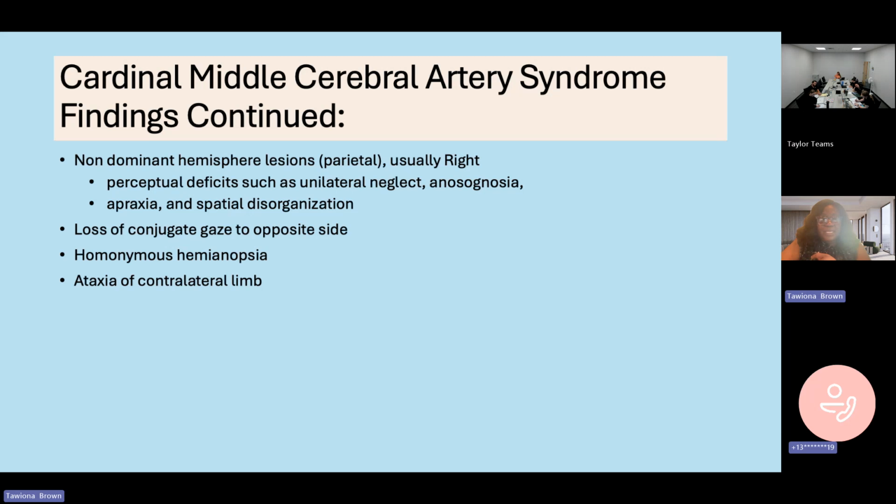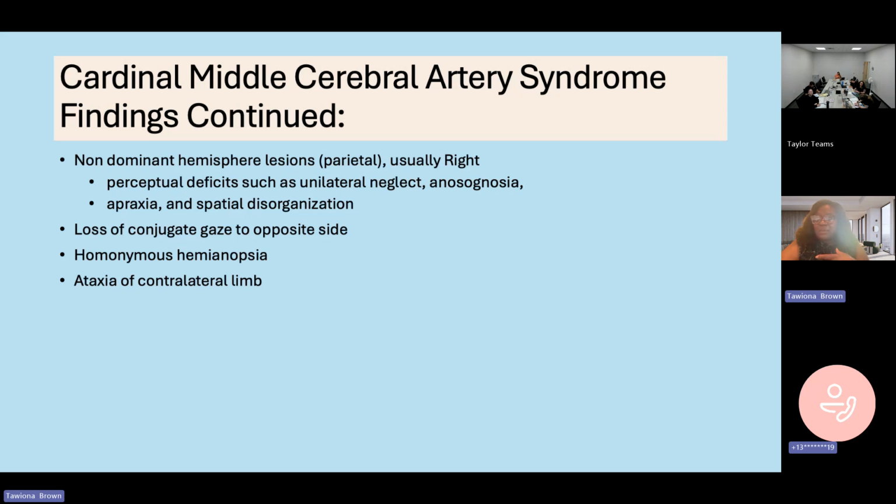Other things that you might see, and now this is more along that non-dominant or right side, going along with that neglect. You're going to have that anosognosia where they really don't understand that they have an impairment. You might have apraxia where they just don't have any type of motor planning. They're going to have those perceptual deficits like neglect, much like I talked about in module 2, and then spatial disorganization.